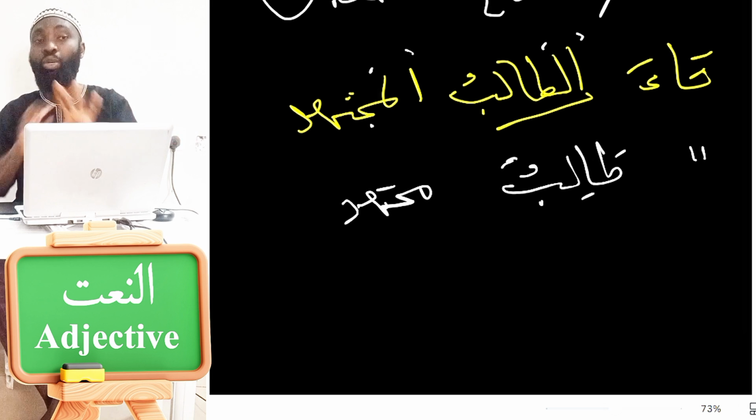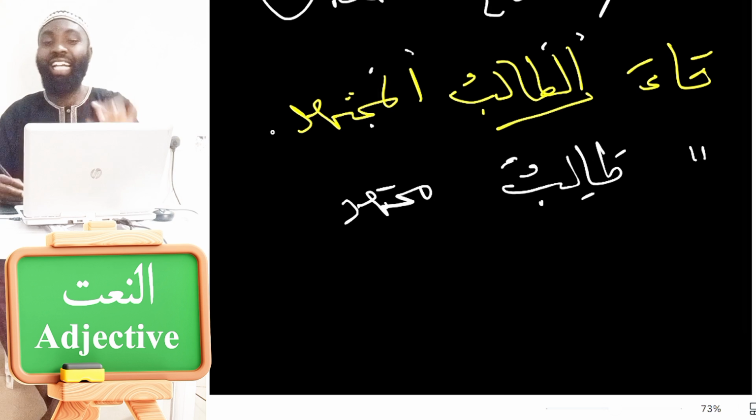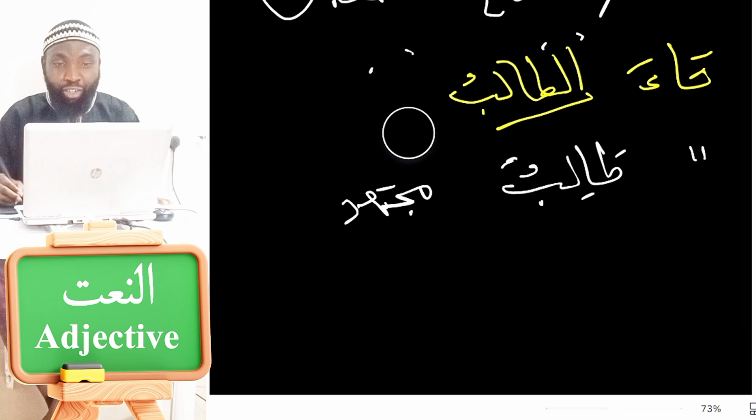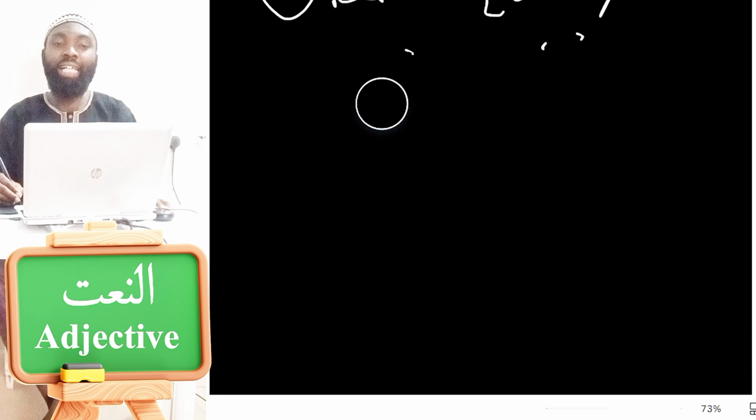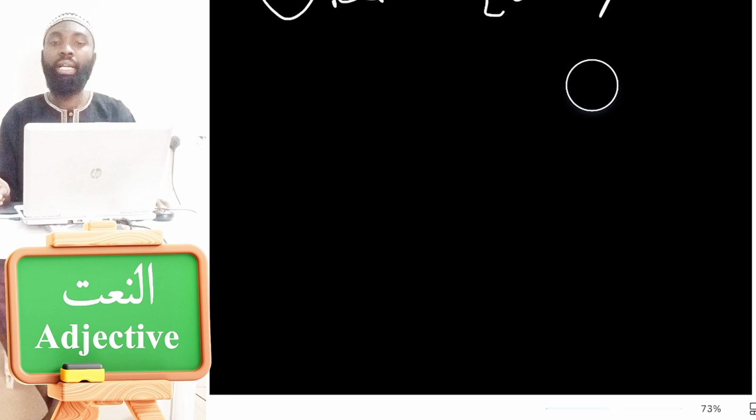This would give you a different meaning. So the adjective is also agreeing with the noun in terms of definiteness. Understood? MashaAllah. Moving on, we have talked about the third aspect in which the adjective should agree with the noun. So now let's go to the last aspect.